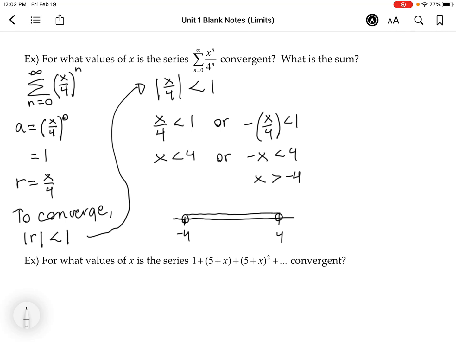There's only one value that x cannot be, which is 0. x cannot be 0 in this case, because if x is 0, then a is going to be 0 over 4 to the 0, which is 0 to the 0. And this is indeterminate.